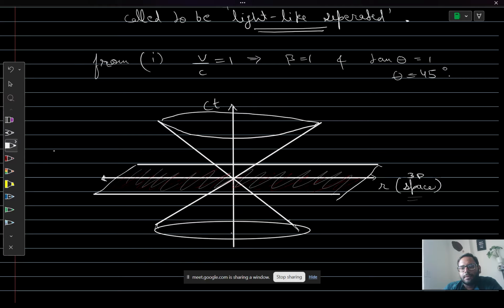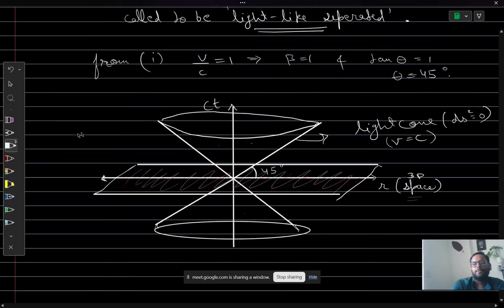This is my negative time dimension, and any object that is here will reach here, or in the positive time dimension. So this is called the light cone. At this cone ds squared is 0, and the speed is c, of any object, and this angle is 45 degrees.